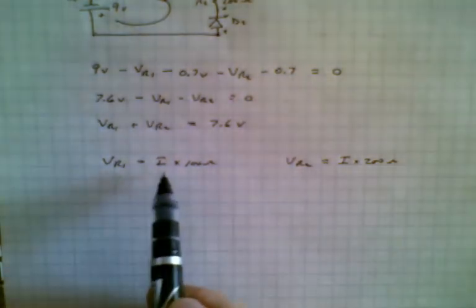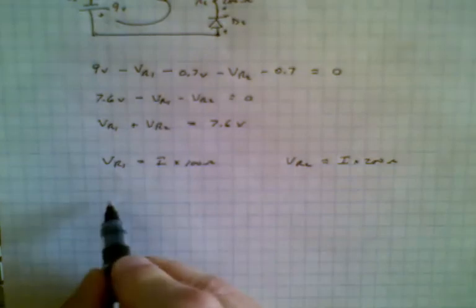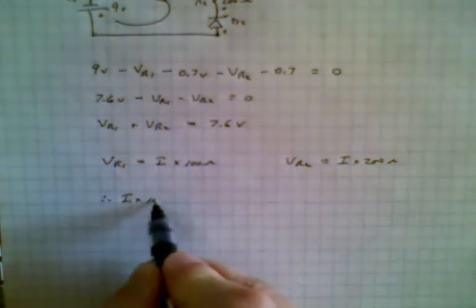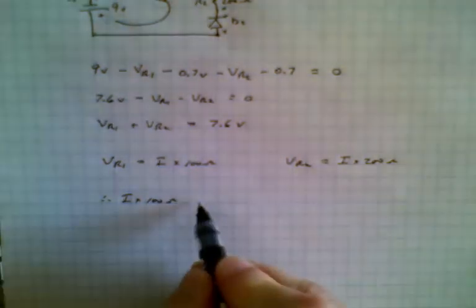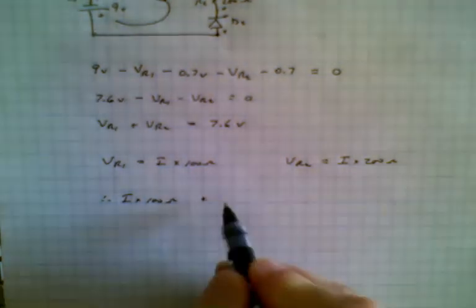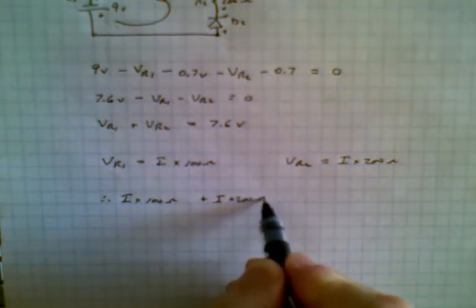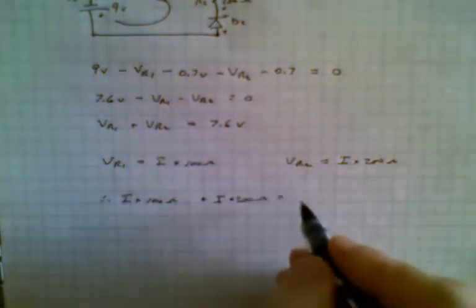Now, we can substitute these two expressions into this equation, and so we get I times 100 ohms plus I times 200 ohms is equal to 7.6 volts.